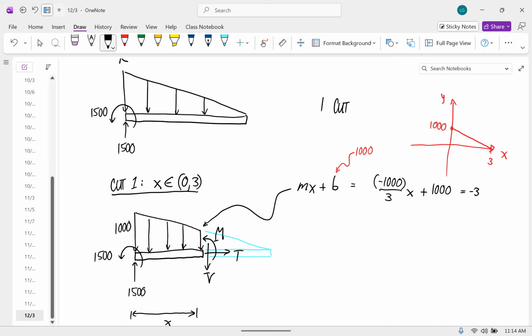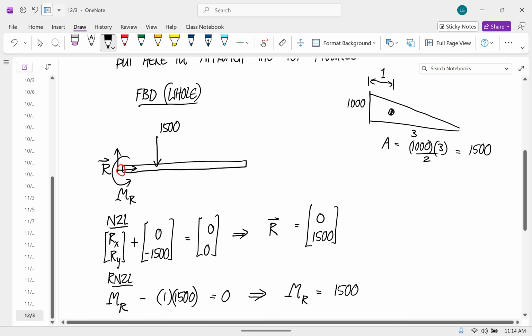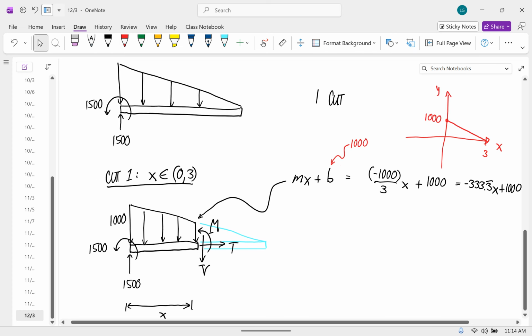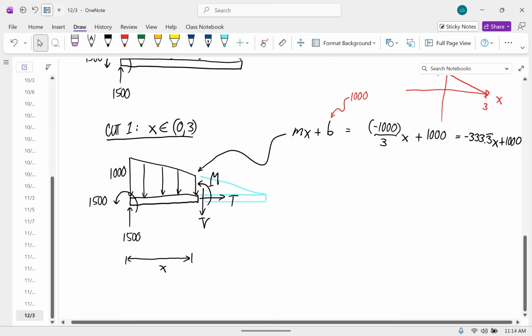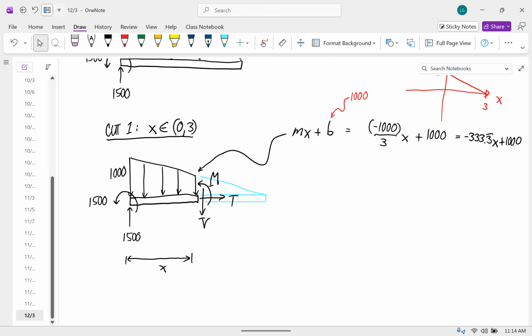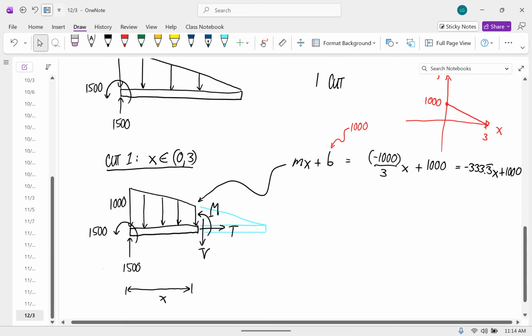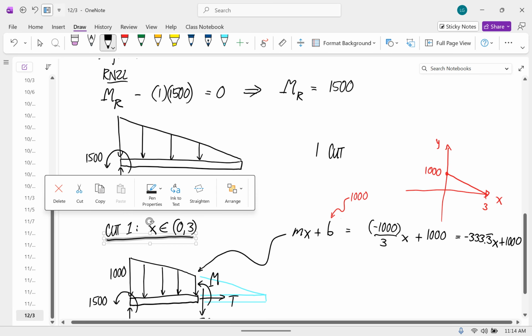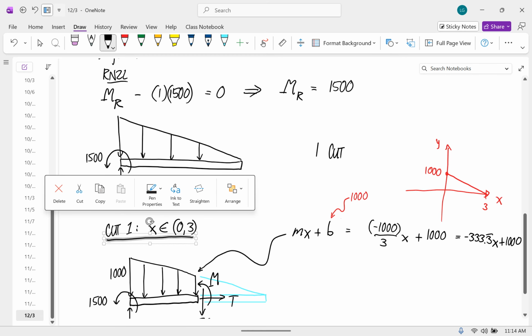So this is negative 333.3 repeating x plus 1,000. So think rise over run. As you go to the right 3, you drop 1,000. The y position goes down 1,000.